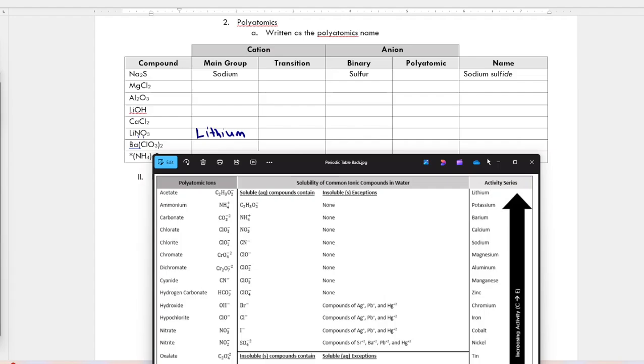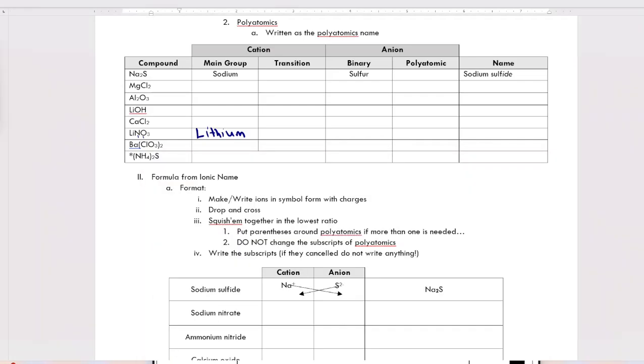I've got NO2 right here and NO3 right there. So it's this one. This is the one that they're asking us for. This is called nitrate. So that's what I'm going to put for my polyatomic. And we said, when it's a polyatomic, we just name it lithium nitrate. There's nothing special about it.